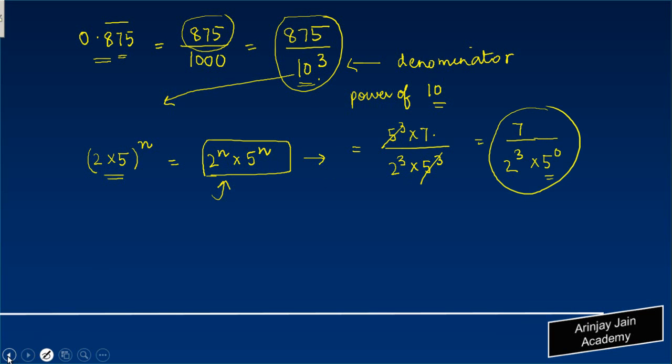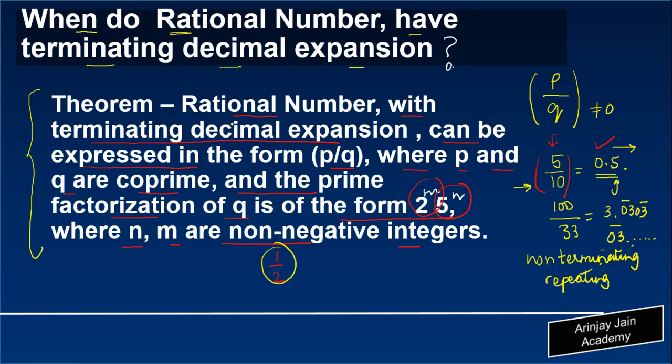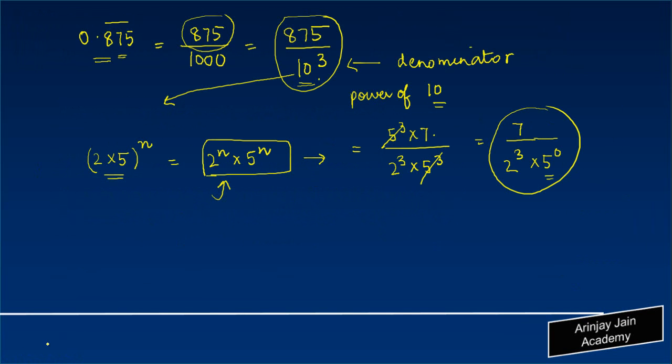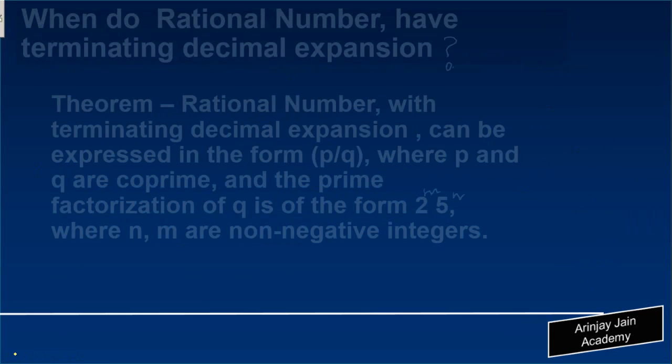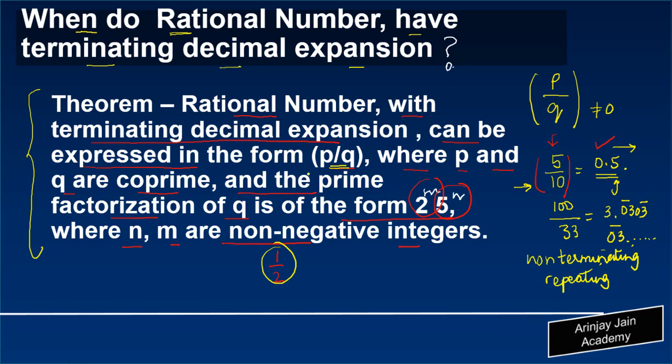And there comes the theorem into practice, the one that we just saw. Now look at this in that context. A rational number with a terminating decimal expansion can be expressed in the form of p upon q. What is p upon q in this particular case? It is 7 upon 2 to the power 3, where p and q are co-prime.